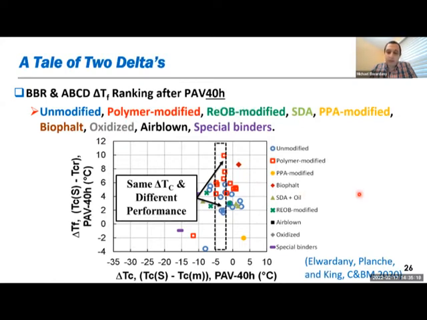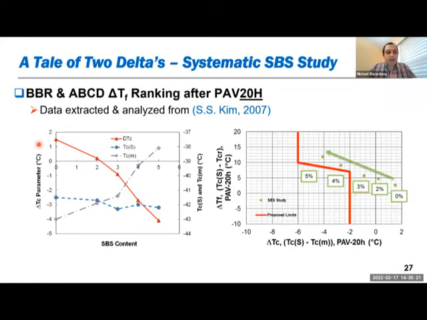That's the idea. And here, back to the example of the delta TC with the different concentrations of SBS. If we use our analysis, you can see 0, 2, 3, 4, 5%. This is the specification limit that we propose for PEV 20 hours. Anything on the right-hand side would be accepted, and anything on the left-hand side would be rejected.